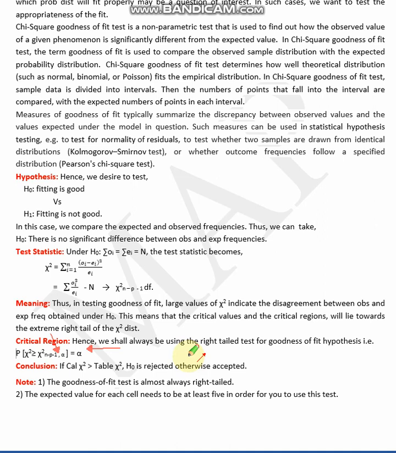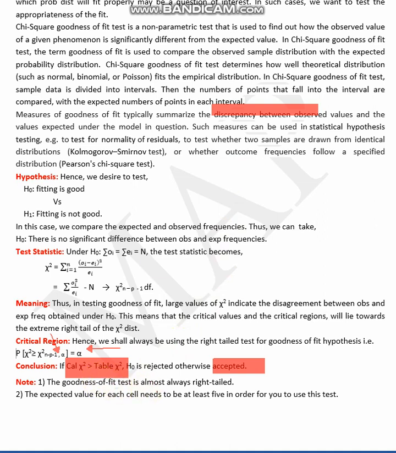How can we conclude? If the value of calculated chi-square is greater than table chi-square, then H0 should be rejected, otherwise accepted. That is, if calculated chi-square is greater than table chi-square, we can say there is a significant difference between observed and expected values, and H0 should be rejected.